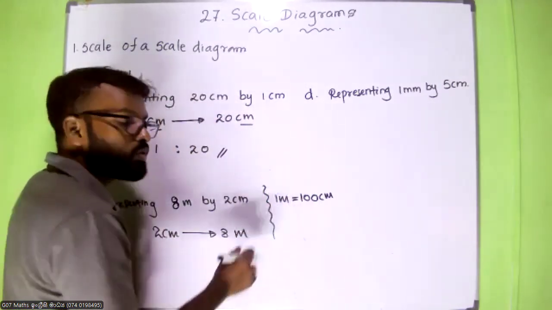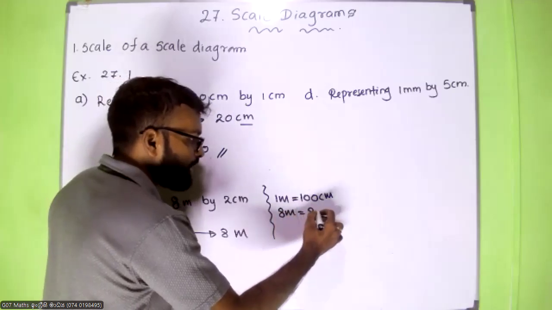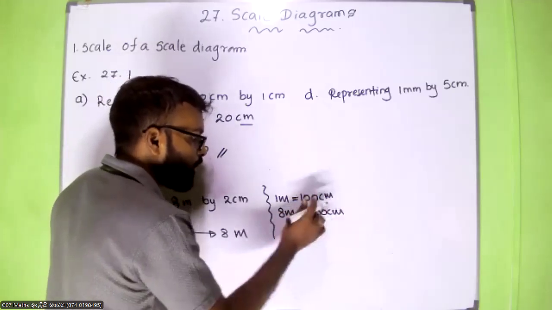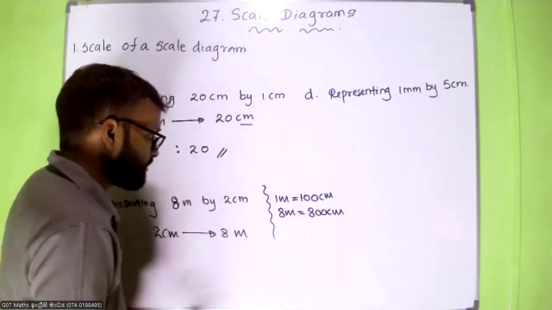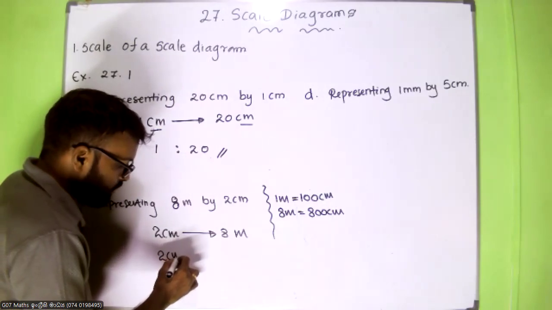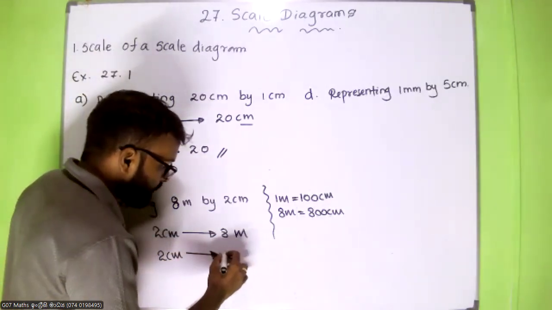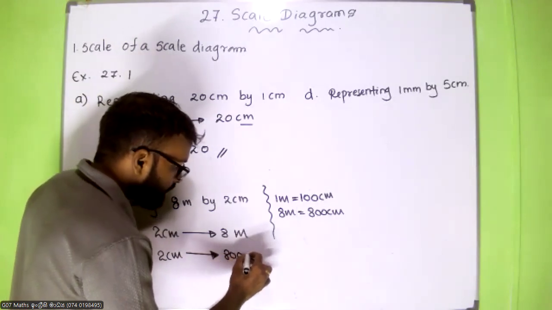If 1 meter equals 100 centimeters, 8 meters equals 800 centimeters. You have to multiply this by 100. So 2 centimeters represents 800 centimeters.